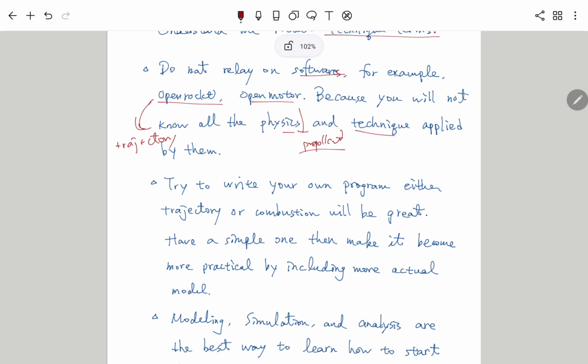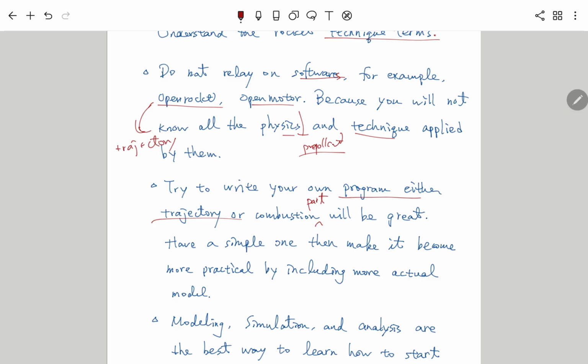Well, my suggestion is to try to write your own program, either for the trajectory or the combustion part. Of course, we can have other software and add other programs. For example, you can do the simulation using ANSYS, or you can write Python code to do the trajectory.